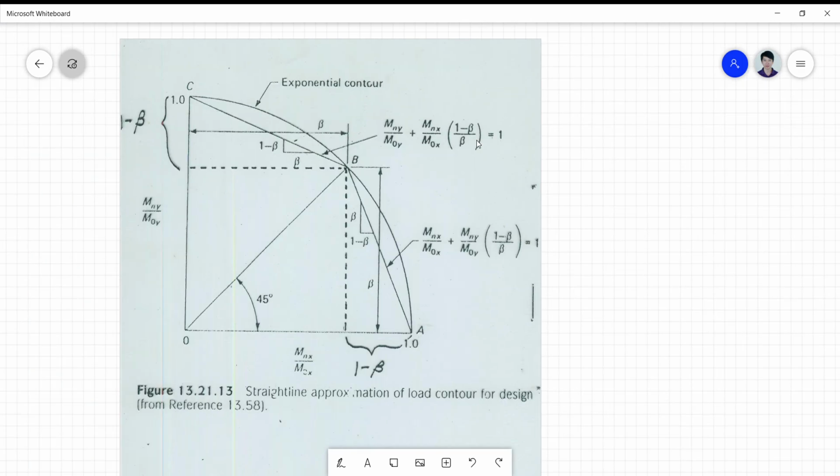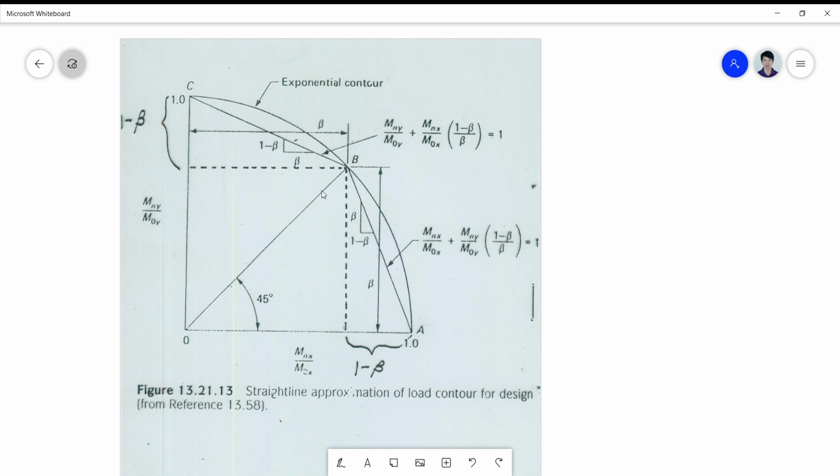Okay, so this is the basis for your design approach by the PCA. This is what I was saying about getting the slope, 1 over beta divided by beta. So that's the slope. This is the y value, which is equal to your value here, whatever is your value here.